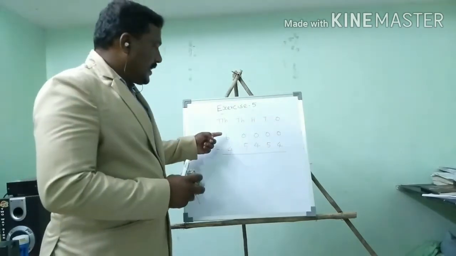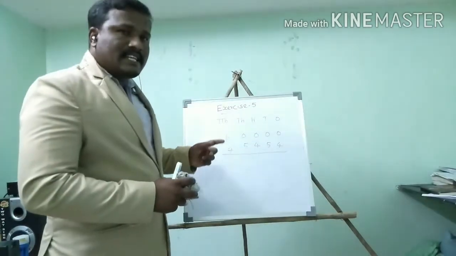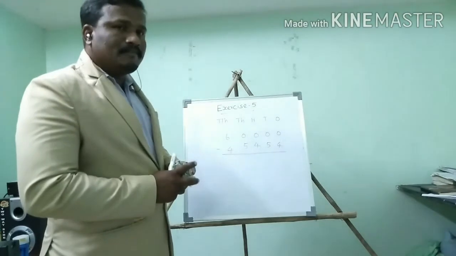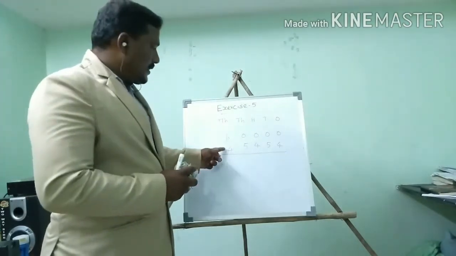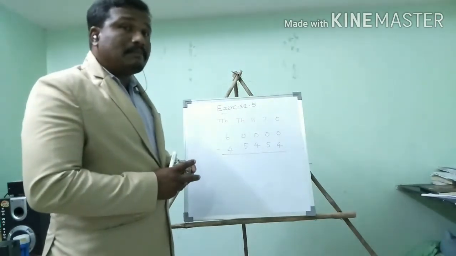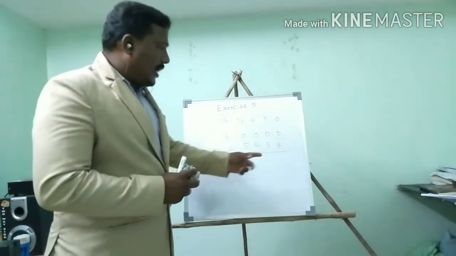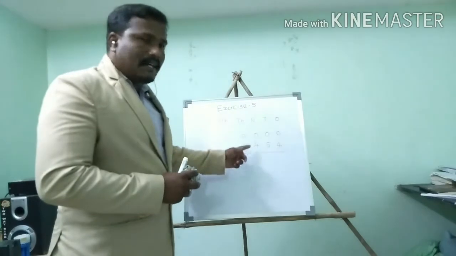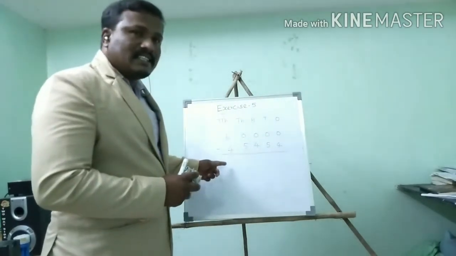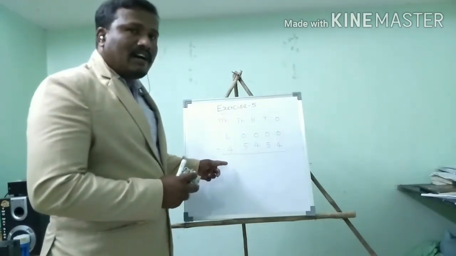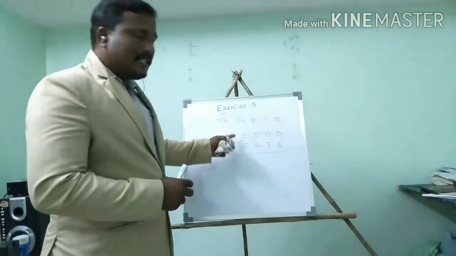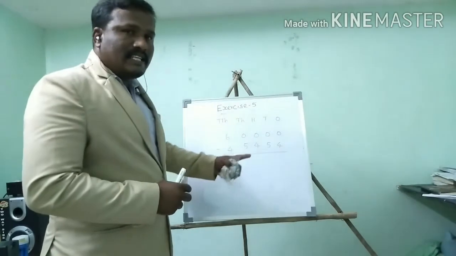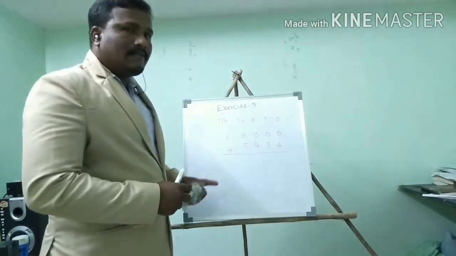The upside number we call the minuend. The downside number we call the subtrahend. After subtracting these numbers we get a result, and that result we call the difference. So we know minuend and subtrahend. Let me see how to find the difference.